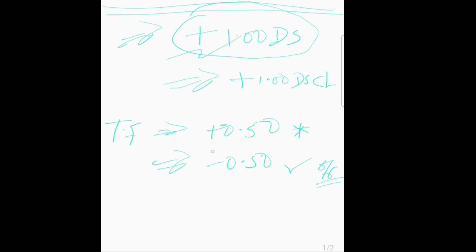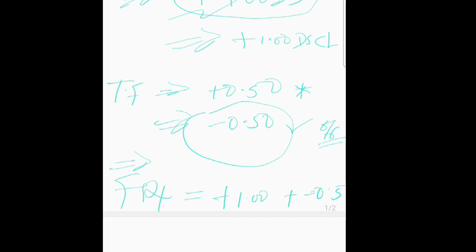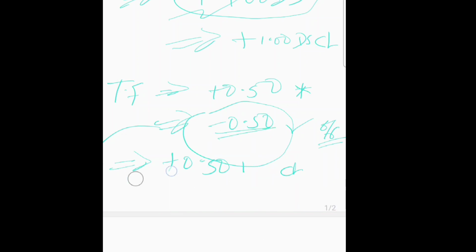So this is the over refraction result, but your final prescription is now this plus 1.00 DS plus minus 0.50. So your final result will now be a plus 0.50 DS contact lens. This is your final prescription, but your over refraction is minus 0.50. I hope you're understanding it.